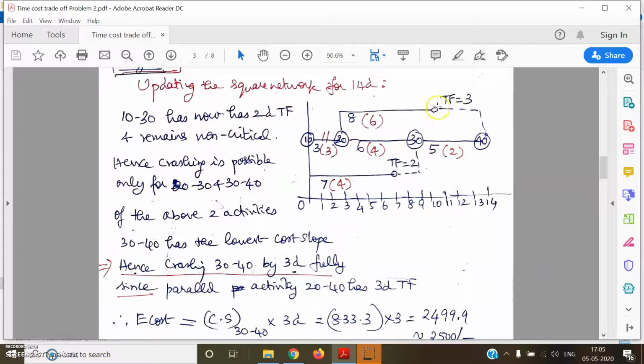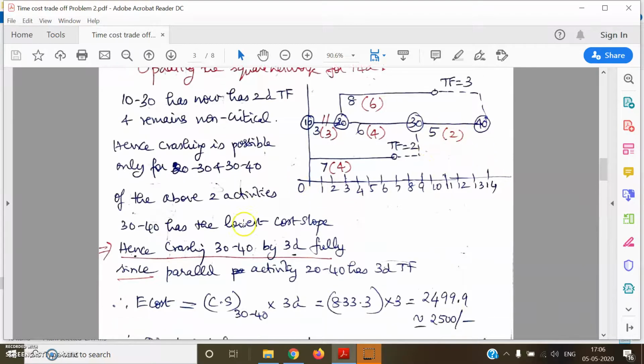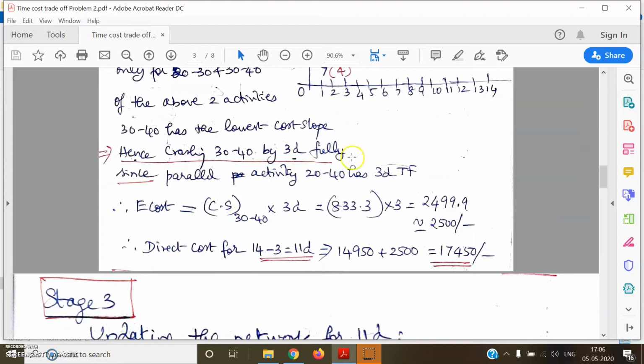It will only exhaust all the total float and just become critical, so we can completely crash 30-40. But look at 10-30: it will not have any impact from crashing 30-40, because it is not parallel to this. So we will crash 30-40 by 3 days fully.